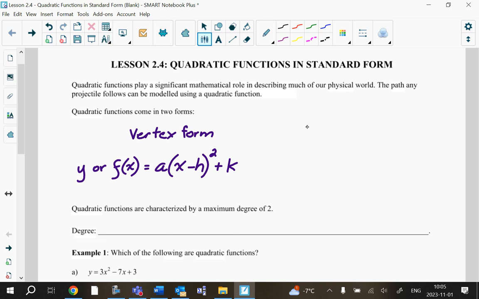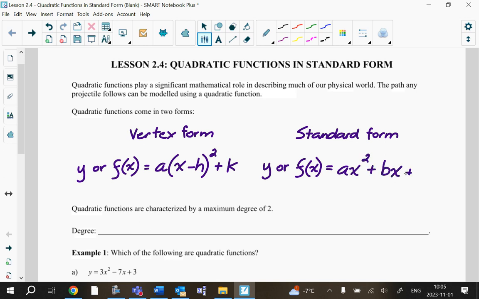Standard form will look like this: y or f of x equals ax squared plus bx plus c.